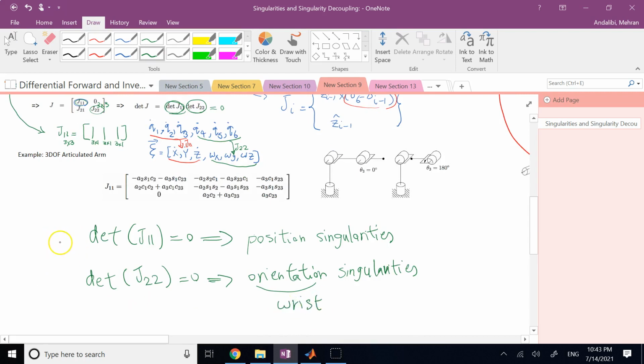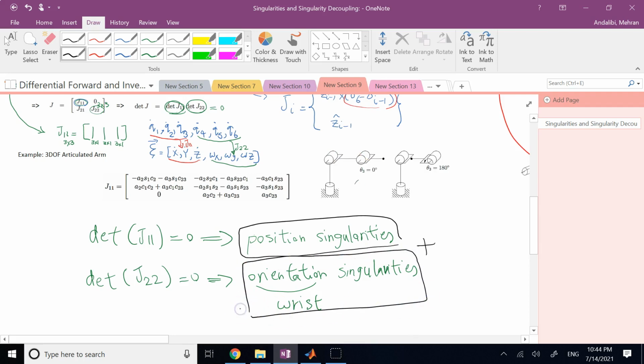So the total singularities of the manipulator is what? Is the singularities for what? From the first three joints and the effect of them on the position, plus the ones from the last three joints and the effect of them on the wrist.